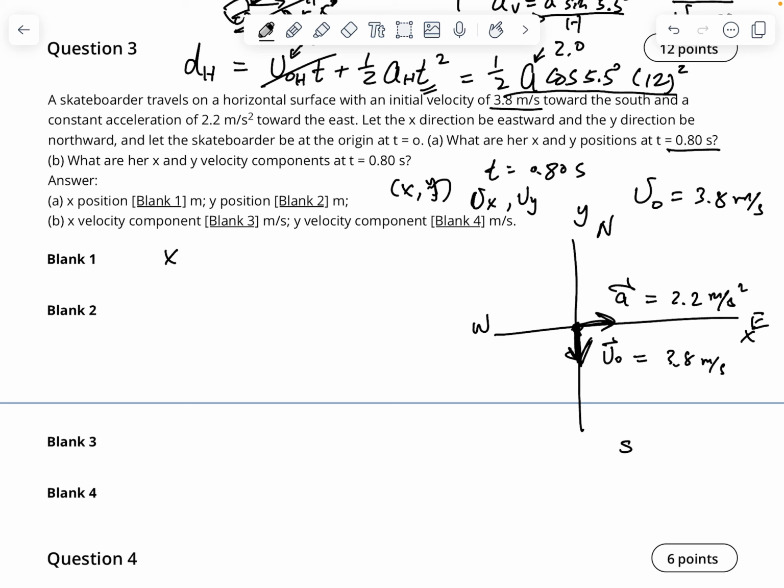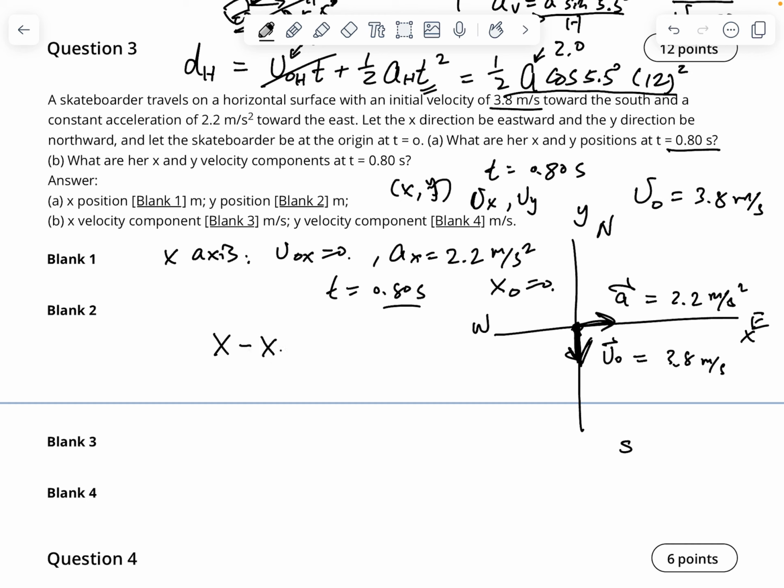So in the x-axis, v naught x is 0 because there's no initial velocity in the x-axis, right? ax equals 2.2 meters per second squared, towards east, right? And then you have time equal to 0.80 seconds, and also you know x naught is 0. That's all you know in the x-axis. So you can figure out what x is at this time, right?